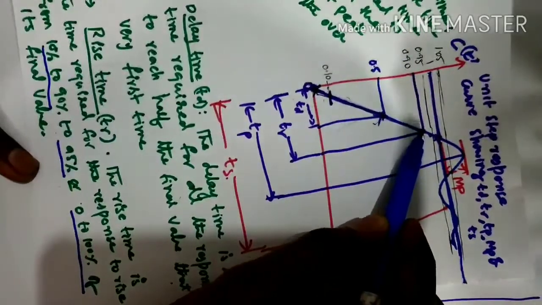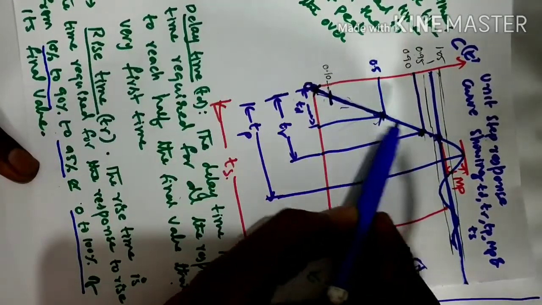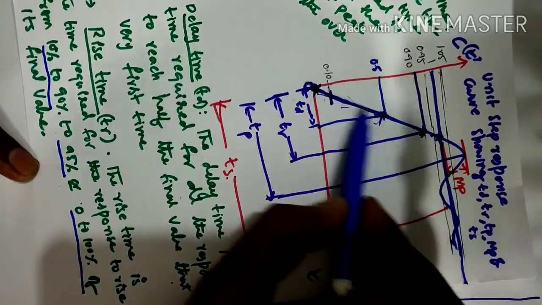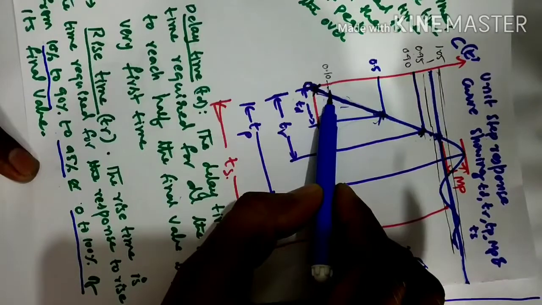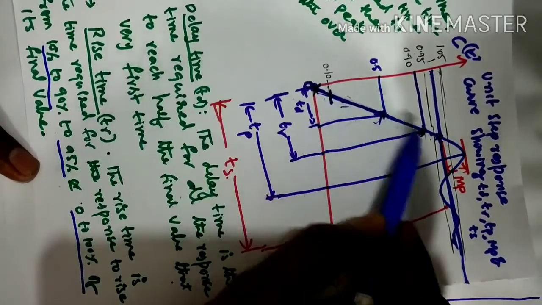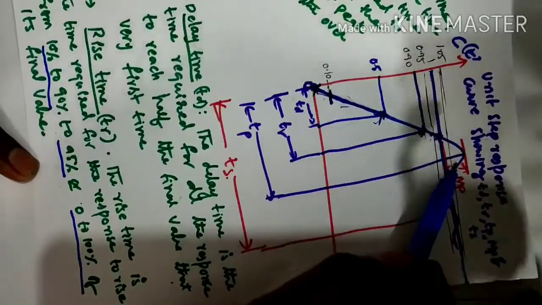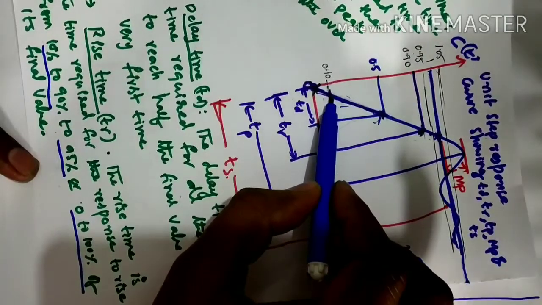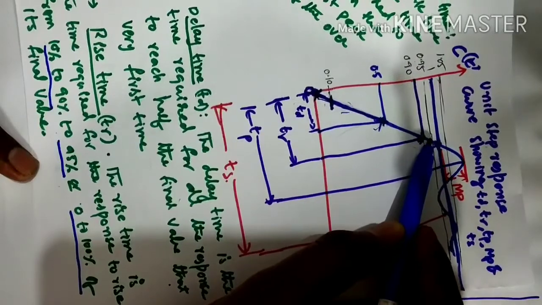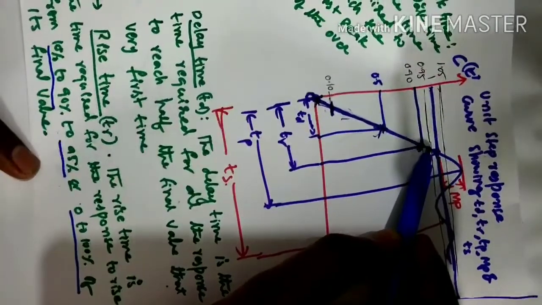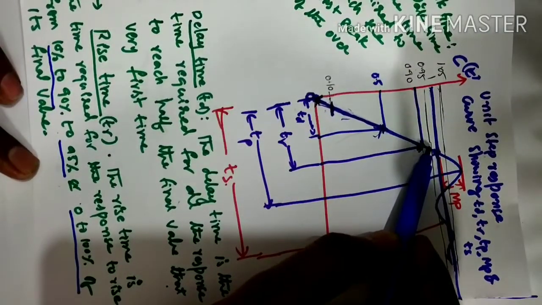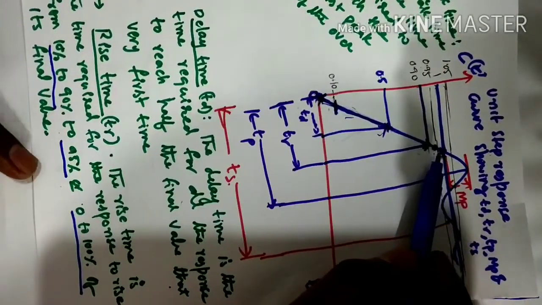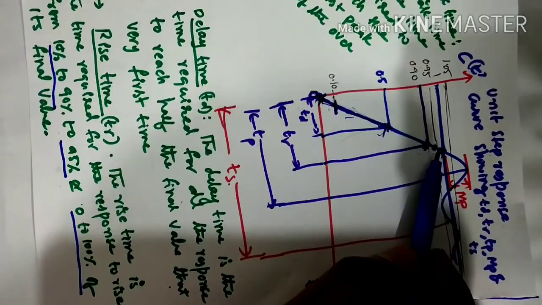The time taken by the response for this is called the rise time. Also 10% to 95% we call a rise time, and also 0% to 100% we call a rise time.